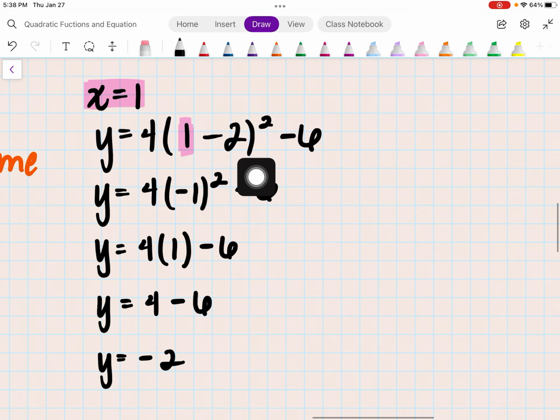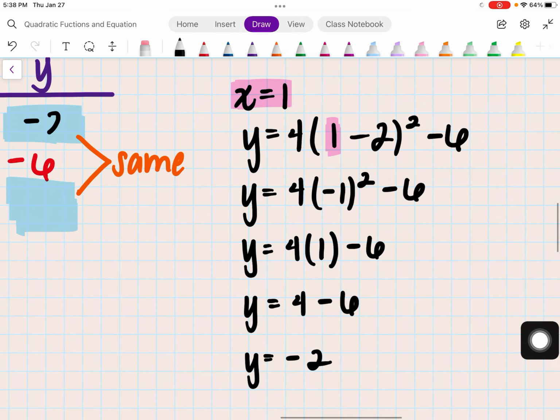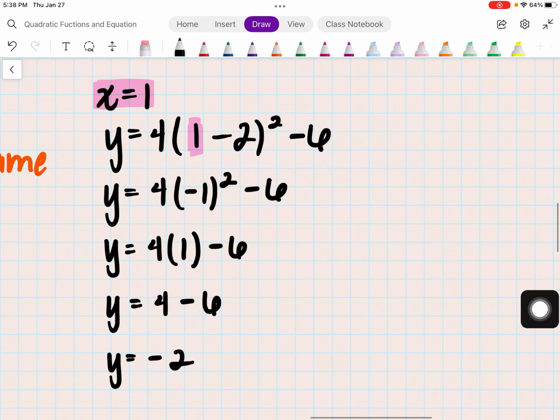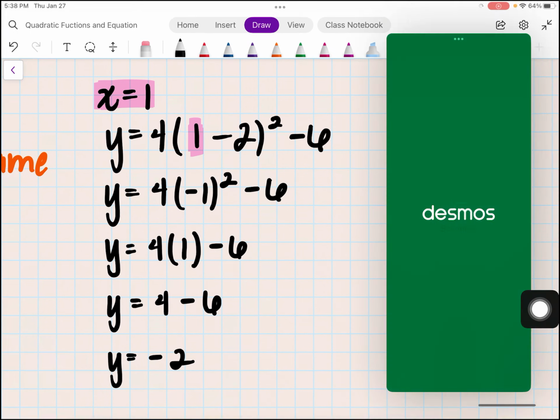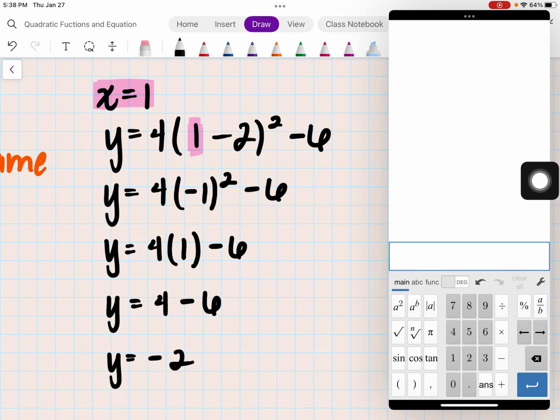So what they're telling us in this case, guys, is that when x is equal to 1, y is equal to -2. Now, I did say that these here, the 1 and the 3, are going to have the same y value. And let's go ahead and test that. I'm actually going to go ahead and bring out my calculator here and then type it into the equation. So in this case, I'm going to go ahead and type my equation.